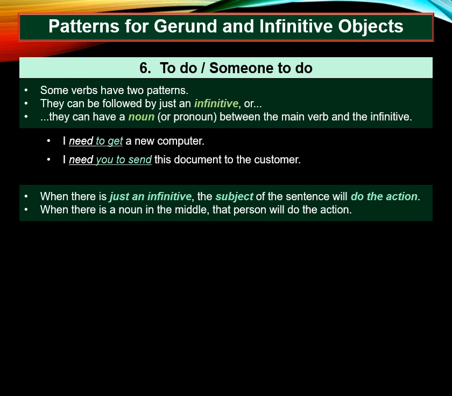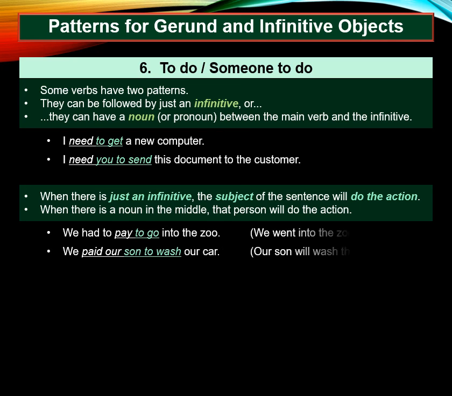When there is just an infinitive, the subject of the sentence will do the action. When there is a noun in the middle, that person will do the action. For example, we had to pay to go into the zoo. We paid and we went into the zoo.